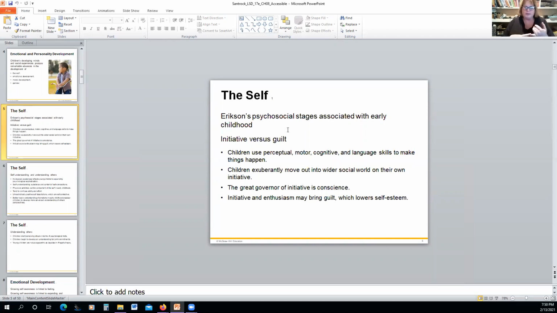You hope that they went down trust and autonomy, so by the time they get to initiative, they are ready to take the initiative to try new things. We're talking about 3 to 5 year olds. So is the child ready to go to preschool? Are they ready to try new things? Were they given the opportunity to make their own decisions in autonomy versus shame and doubt? So now they're ready to go on and take on the world and new tasks.